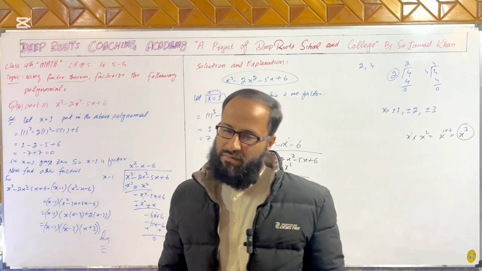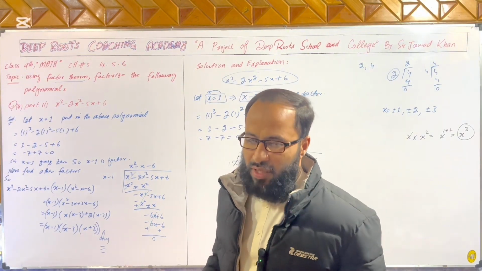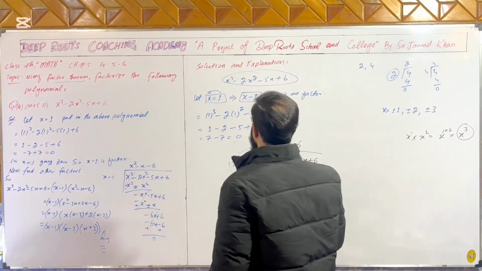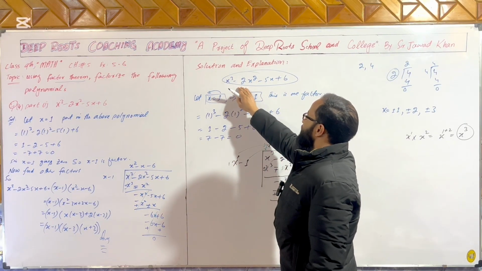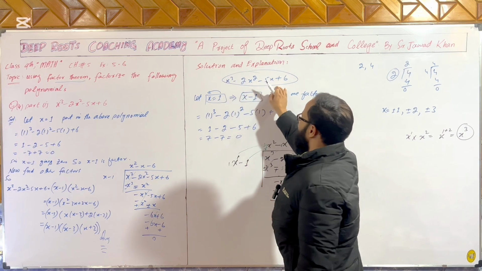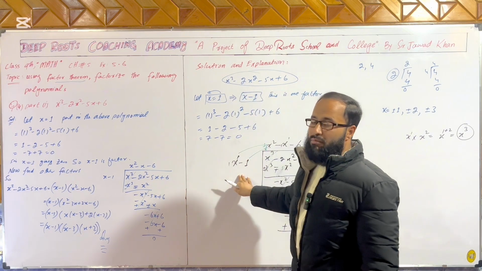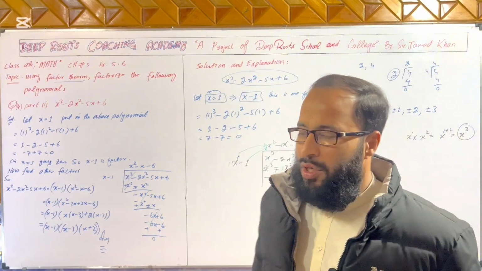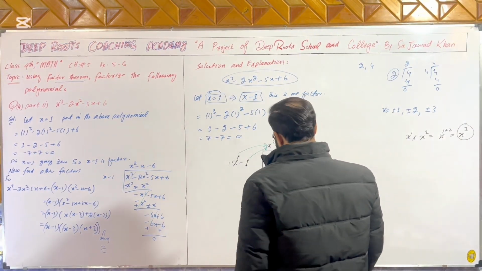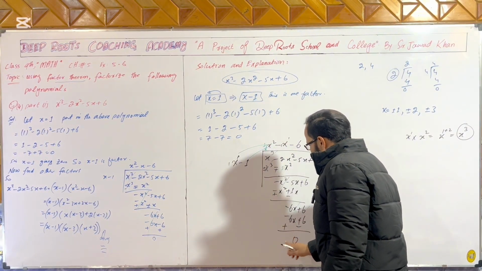If it is plus, it will become minus, and if it is negative, it will become positive. And then the second stage is just to divide the given expression or polynomial by the factor which you have formed. And after that, obviously it will give us a remainder 0.